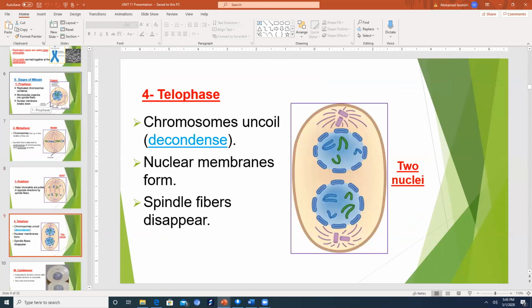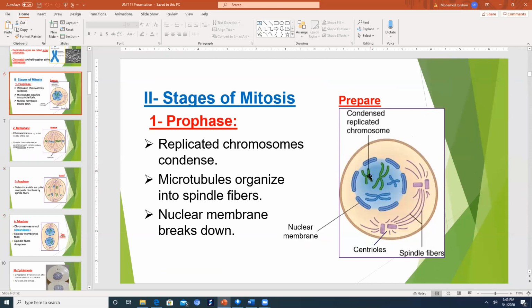You start with sister chromatids attached like that in prophase. You can see the nuclear envelope is kind of perforated, kind of degraded a little bit because it's going to disappear, allowing the chromosomes to start separating.